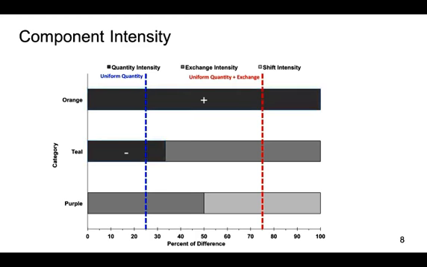We also see that even though they have the same amount of exchange, the intensity of teal exchange is greater than the intensity of purple exchange. The uniform lines in this figure must be manually adjusted to match those values found in cells L18 and M19 on the figure's datasheet. In this example, orange and teal have greater than uniform quantity intensity. Teal has greater than uniform exchange intensity, and purple has greater than uniform shift.